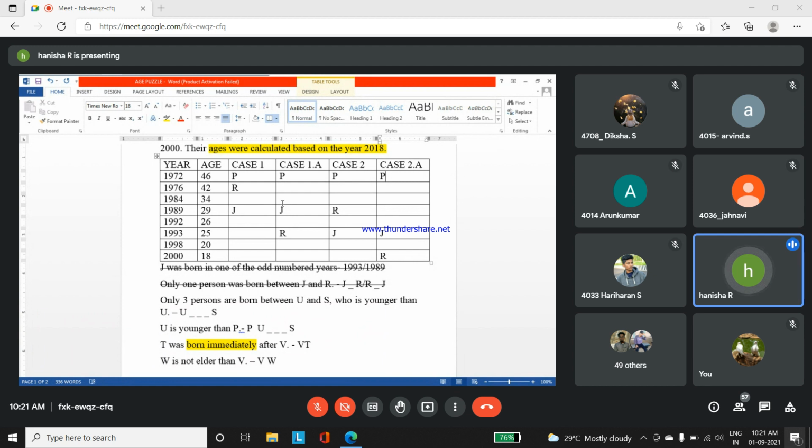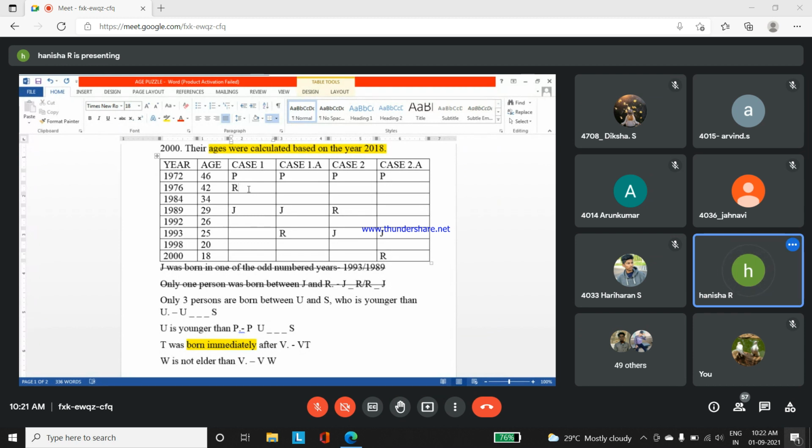And remember one thing: whenever you have R over here, you should not erase this R and put U, because you're moving in a particular flow. During that flow, you should not disturb it. Since you have marked R previously, you should not disturb that. In the remaining spaces only, you should put the other possibilities.